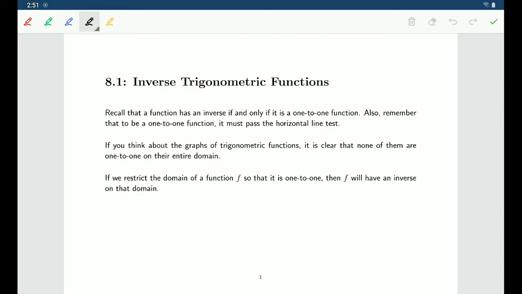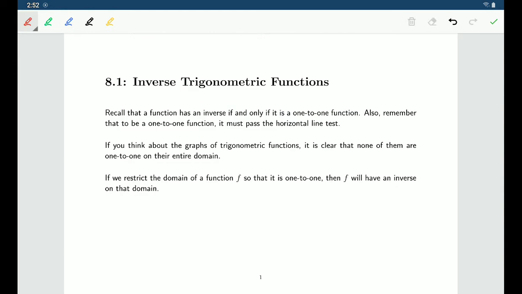Now, we run into a problem right away, which is if you're looking for the inverse of any function, you only have an inverse if your function is one-to-one. And remember that a one-to-one function is one where any horizontal line crosses through the graph in at most one place.